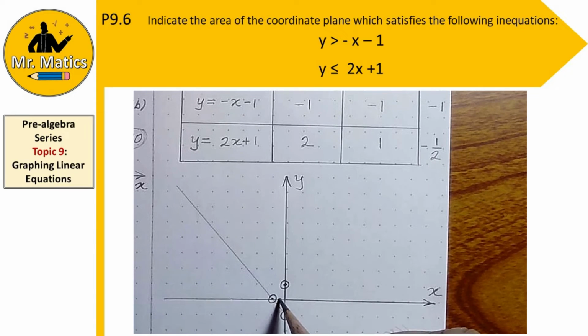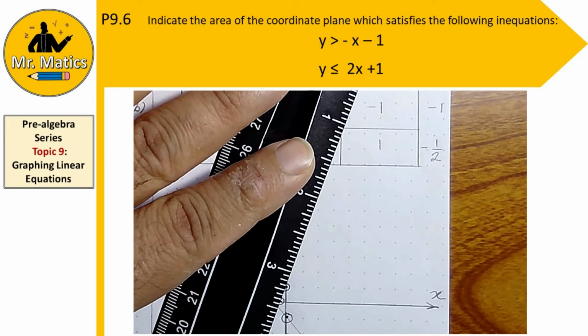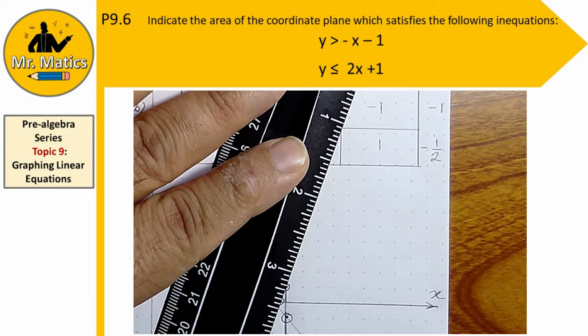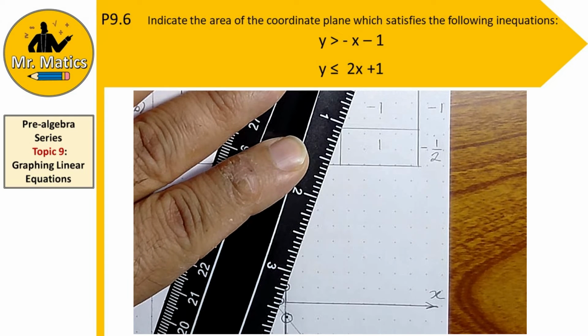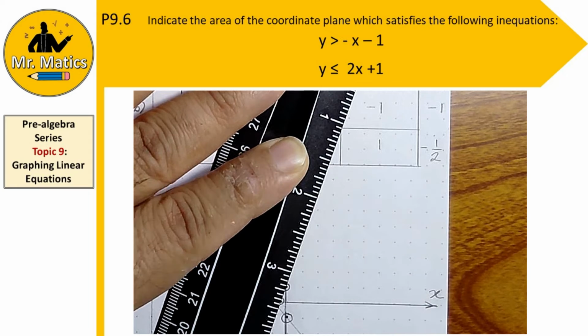It's in between the origin and this other point. So let's carefully draw this line. When you are drawing a line through 2 points, don't worry about these other points where they lie. Just focus on those 2 points. Make sure that your line passes through them.